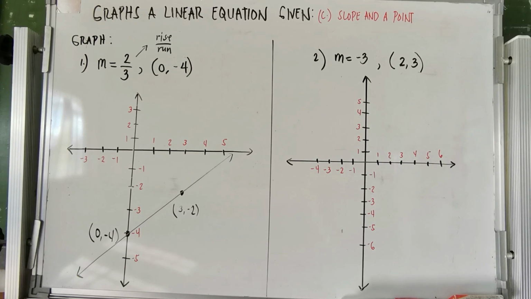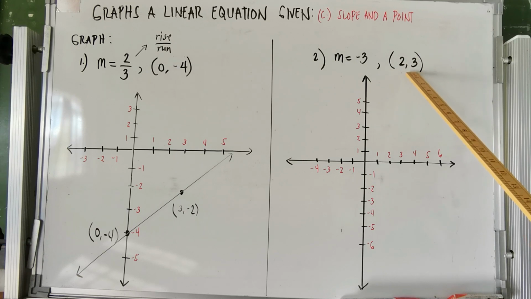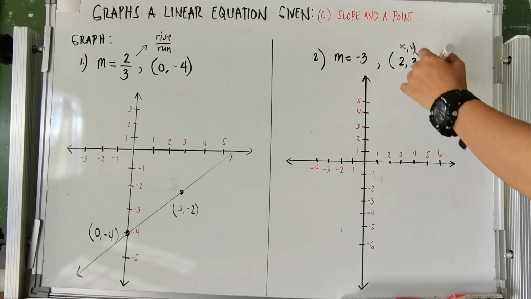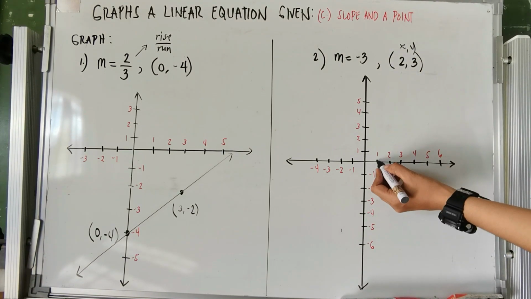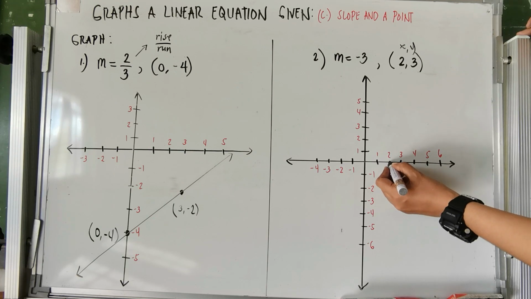Example number 2, we have m is -3 and our point given is (2, 3). So ganun ulit, first step, plot first the given point. So if that is (2, 3), meaning our x is positive 2, so 2 units to the right of origin, and then 3 units upward.